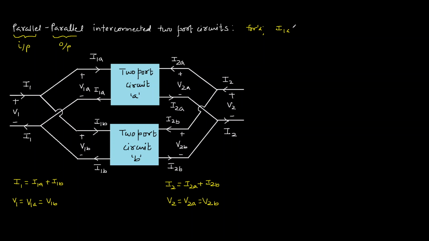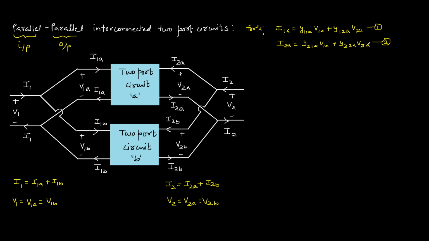Now for circuit A, we can write the equations for the Y parameters, that is I1A equals Y11A V1A plus Y12A V2A. This is the first equation, and I2A is Y21A V1A plus Y22A V2A.